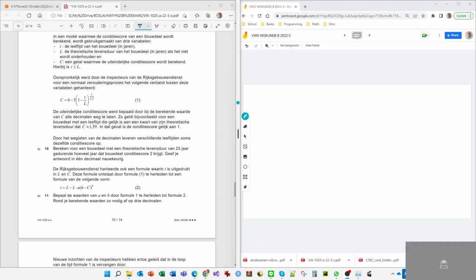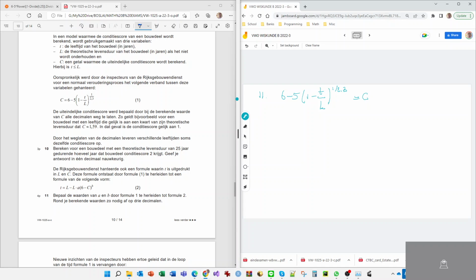I think we almost partially did that already in the previous, but now we keep L basically as a variable. So we basically manipulate this equation C.